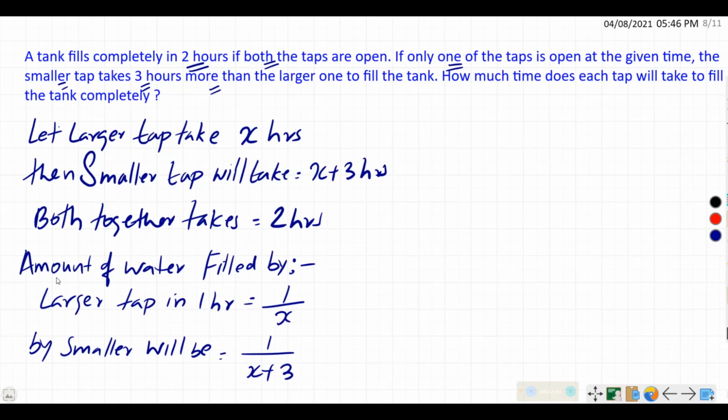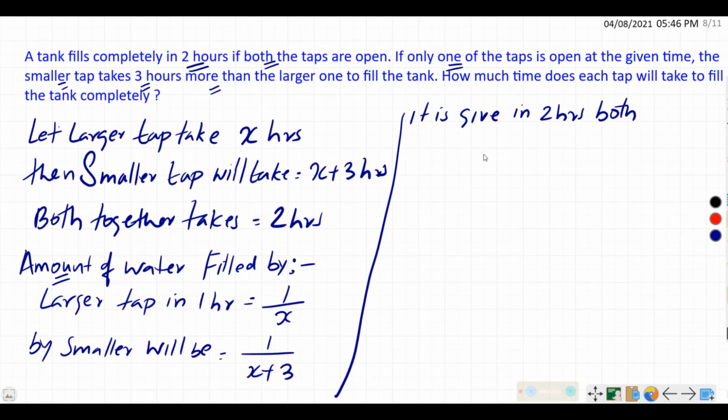This is a basic idea we have. In 1 hour the larger tap fills 1 upon X part and the smaller tap fills 1 upon X plus 3 part of the tank. It is already given that both together take 2 hours to fill up completely. That means in 1 hour naturally the tank should fill up half. This common sense should help us to go further.